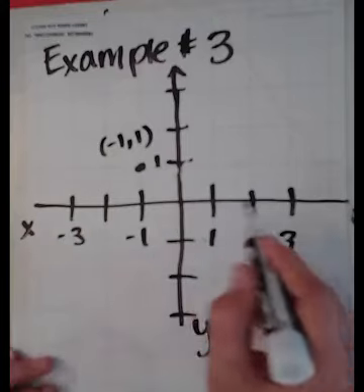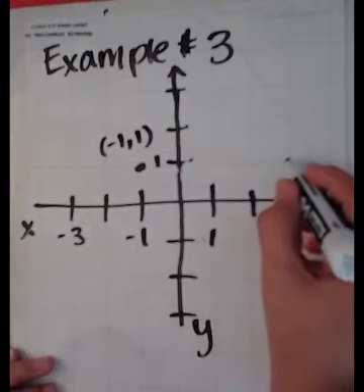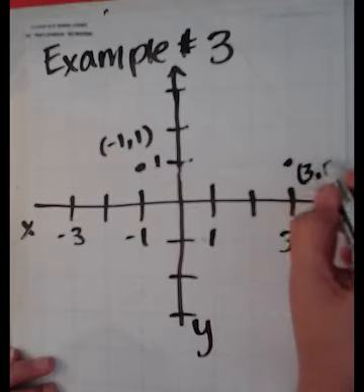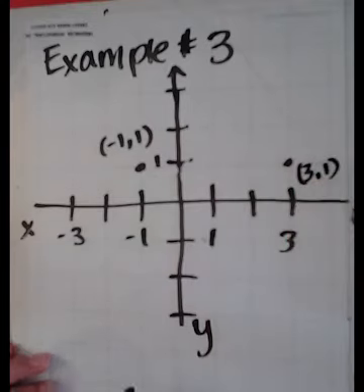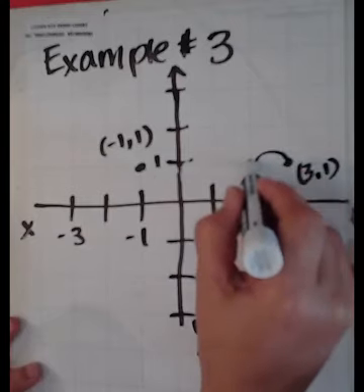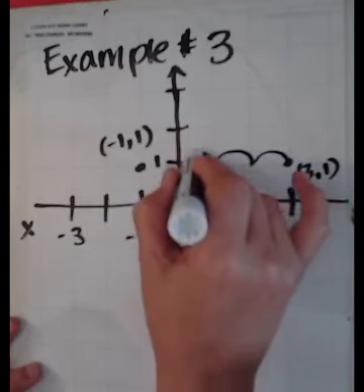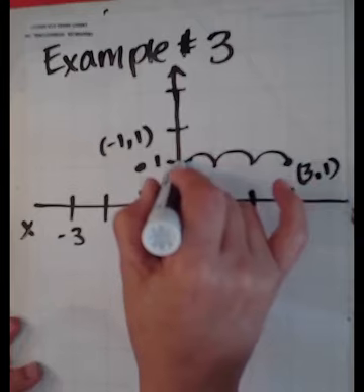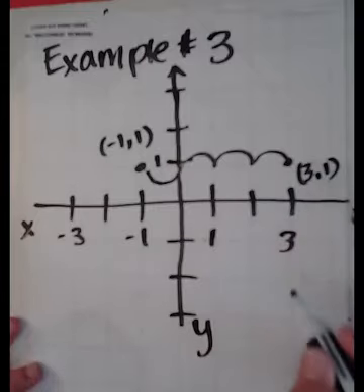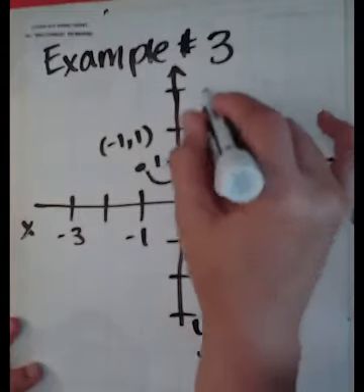So our x value is 3 and our y value is 1. We need to find the distance between the 2 points. 1, 2, 3 to get to 0, and 1 more to get to -1. So we have 4 is our distance there.